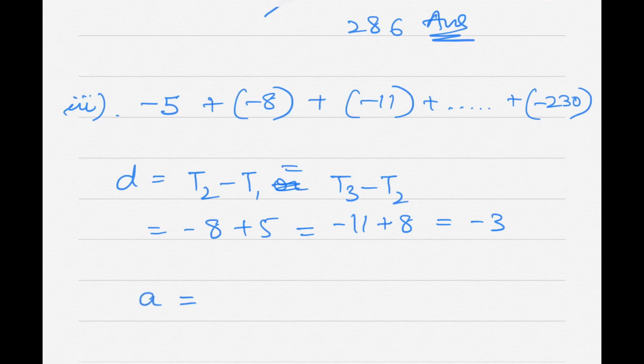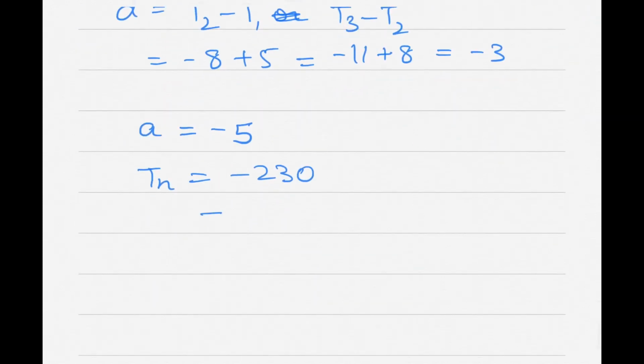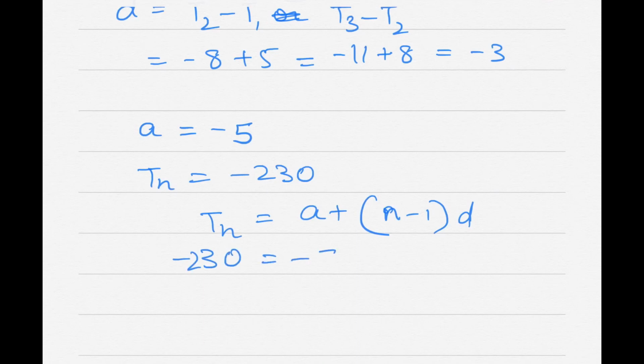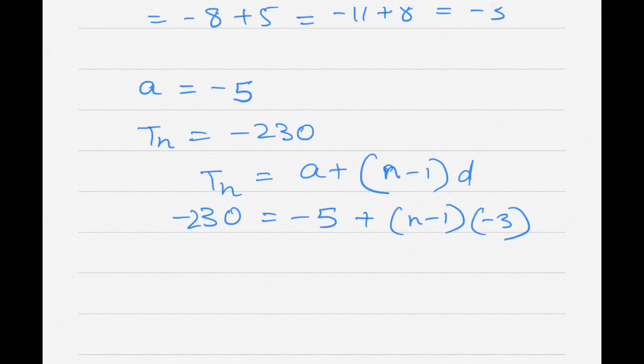So my a is equal to minus 5 and I have to find n, and my Tn is given as minus 230. Okay, so the Tn formula is a plus n minus 1 into d. This is given to me as minus 230. a is minus 5 plus n minus 1, and d is minus 3.